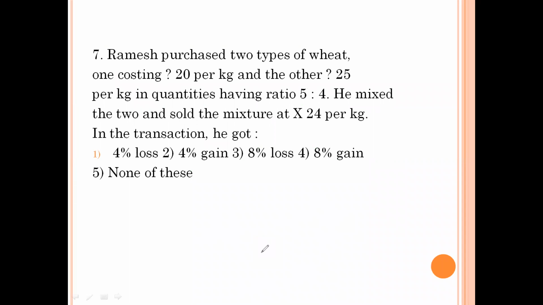In the transaction he got what? Now here the quantities have the ratio 5:4. 5 means we take 5 kilos, 4 means we take 4 kilos. 5 kilos cost is 5 into 20, 100, plus 25 into 4, 100. 100 plus 100, 200 rupees cost for a total of 9 kilos.